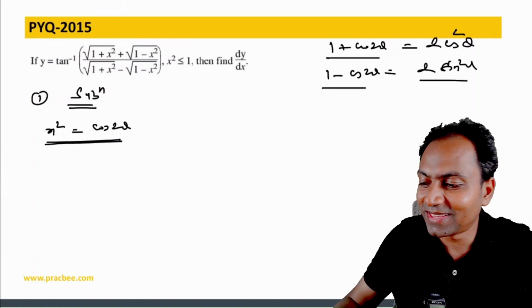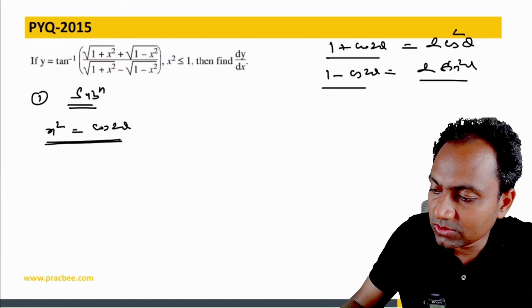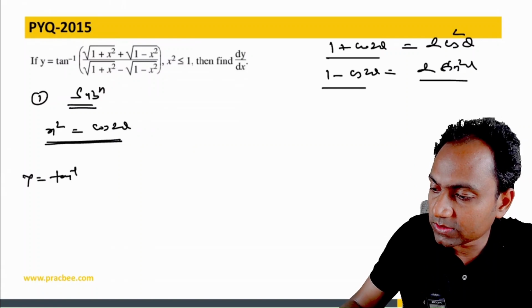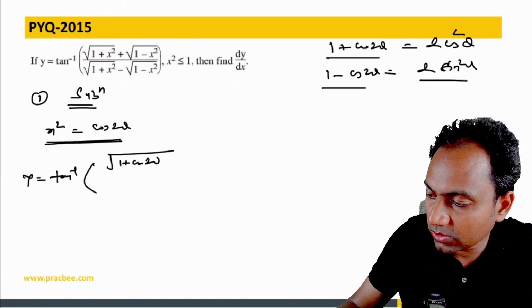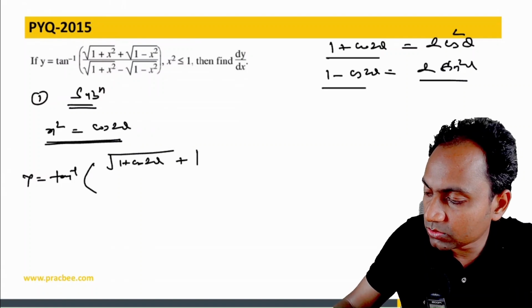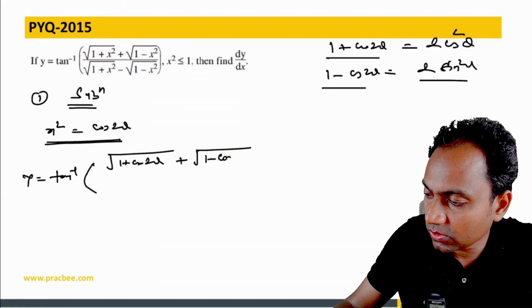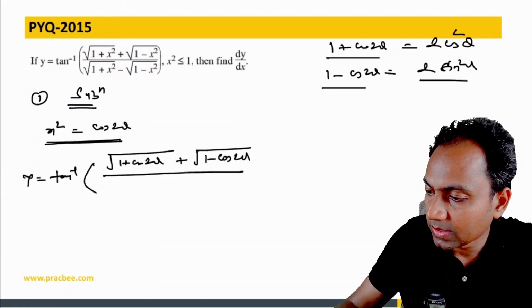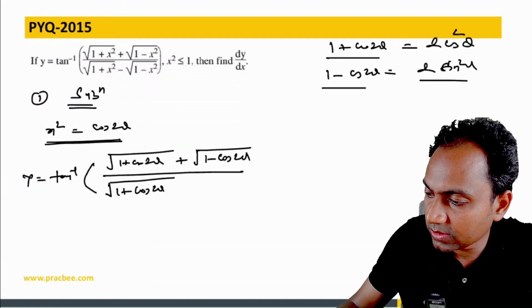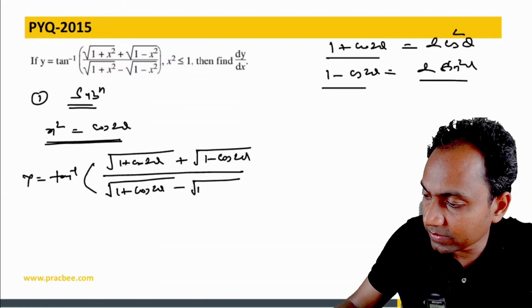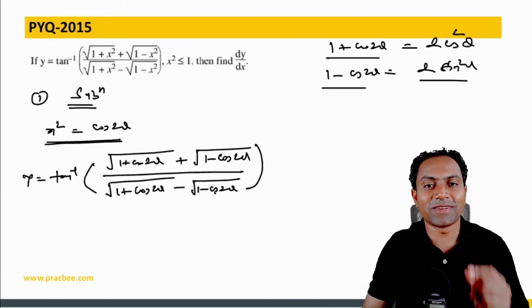If I do that, now let us see what happens. So the value of y will come out to be tan inverse of (root of 1 plus cos 2 theta plus root of 1 minus cos 2 theta) divided by (root of 1 plus cos 2 theta minus root of 1 minus cos 2 theta). What we are getting here is a very interesting thing.